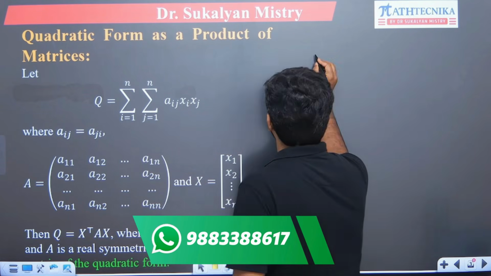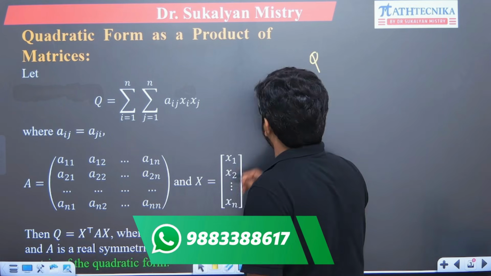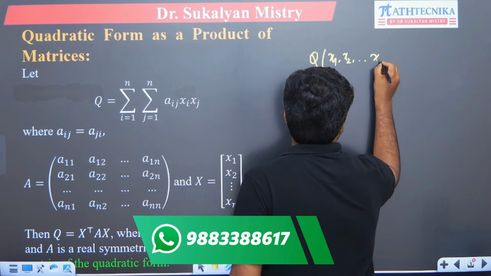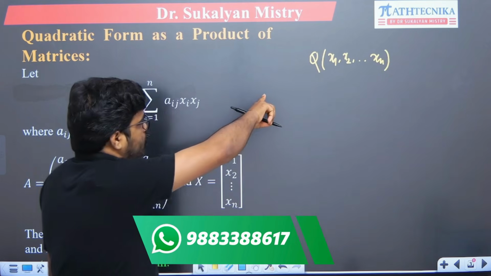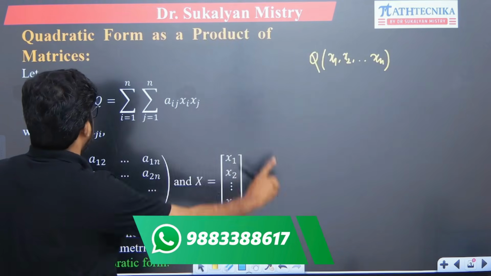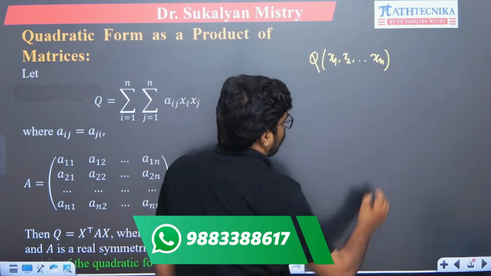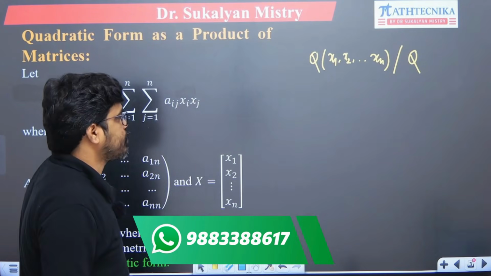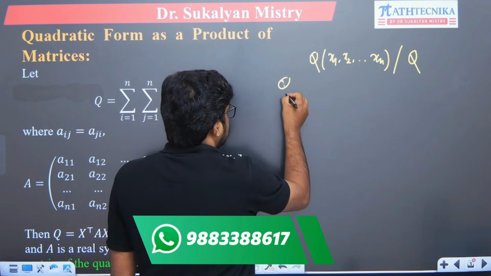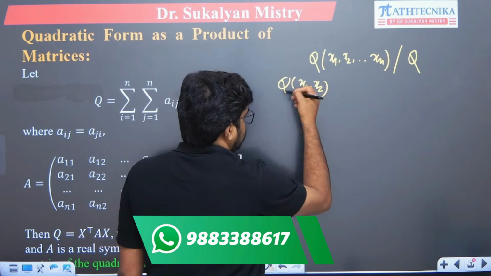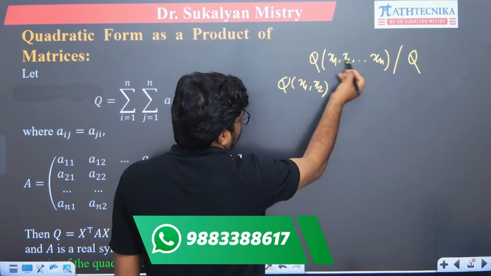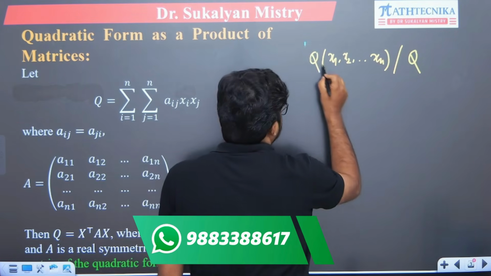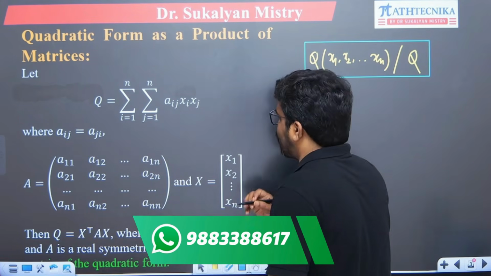Suppose if we consider this quadratic form, it is basically represented by q, or we can also write q(x1, x2 up to xn), or simply q. Okay, if we consider two variables, then q is a function of x1 and x2. If we consider n variables, then q is a function of x1, x2 up to xn, and this real quadratic form can be expressed in matrix form also.